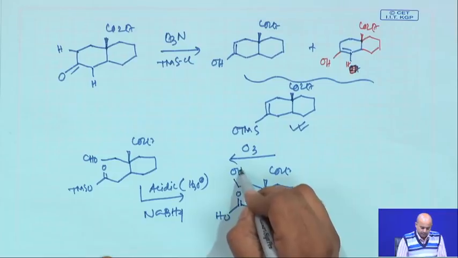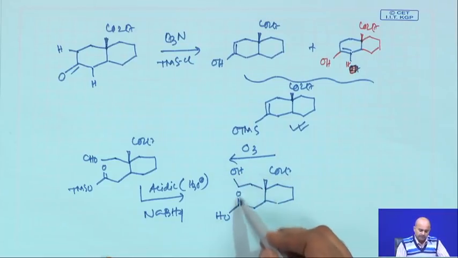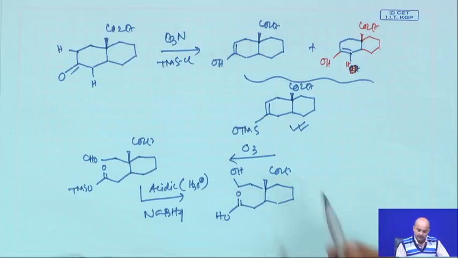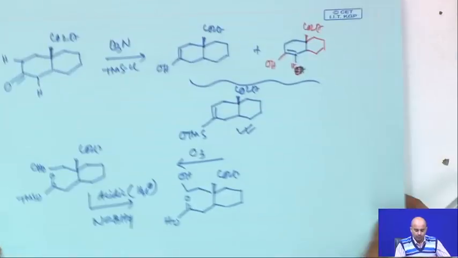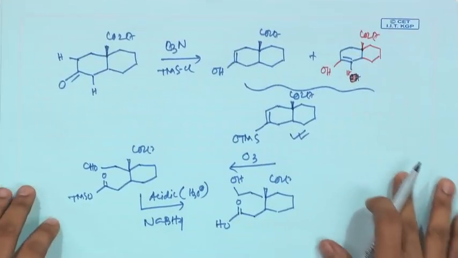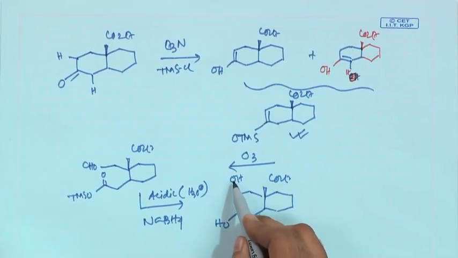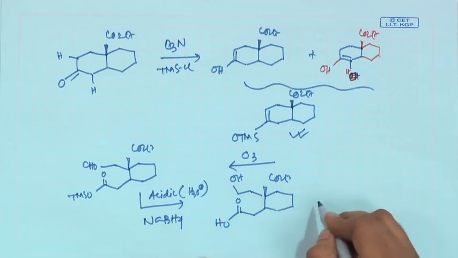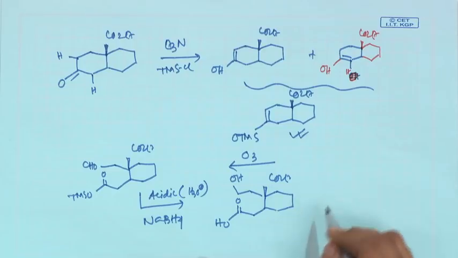Now, this acid and this alcohol can undergo ring closing, but that will give you the three-membered lactone, which is not desired by us. So, now what can you do? You can simply protect this hydroxy group first.